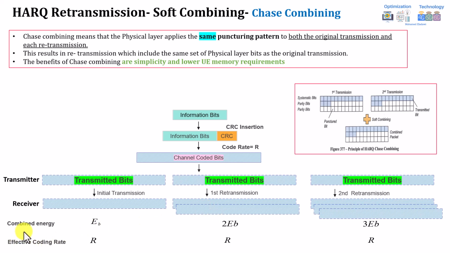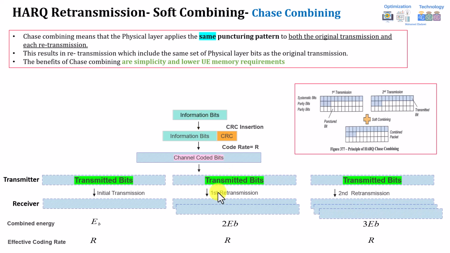This increases the combined energy. The combined energy over multiple transmissions improves the signal to noise ratio. For example, your combined energy for the first transmission was E, now it becomes 2E, then 3E at the end. A higher signal to noise ratio enhances decoding reliability, making it easier for the receiver to correctly receive the original information bits.